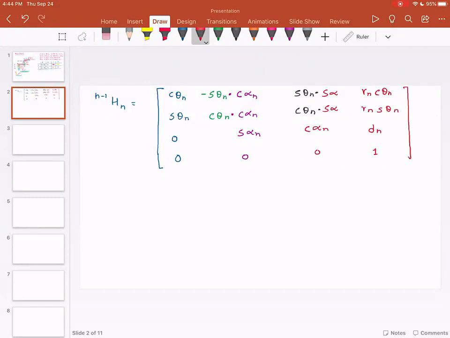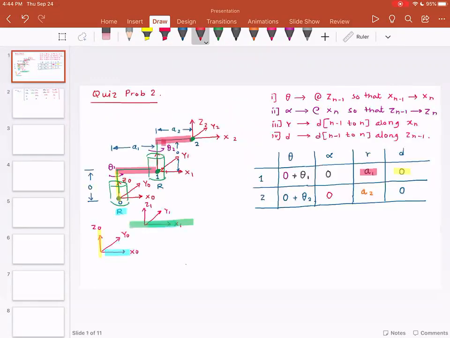You have cosine theta n, sine theta n, minus sine theta n, cosine theta n, then cosine alpha, sine alpha, and so on, and then Rn, Dn. This is a trick. Just look at the similarity, and with this equation we are able to write down 0h1 from this table.